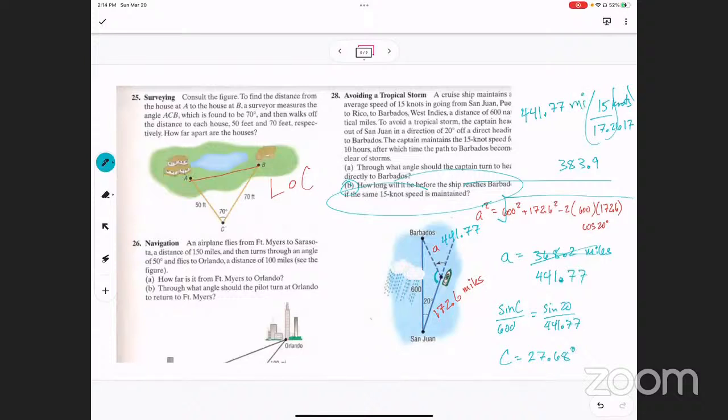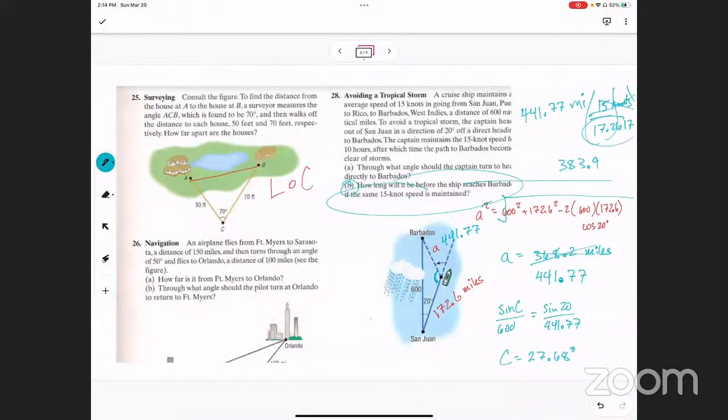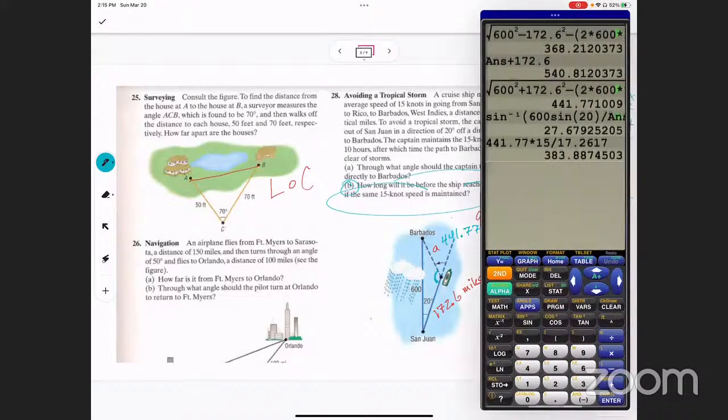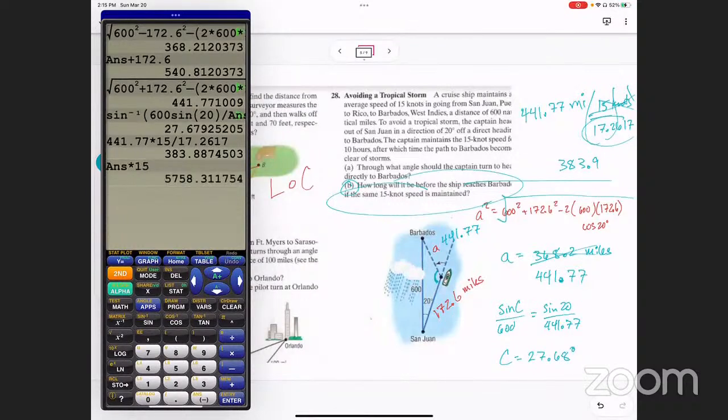So if it's going 15 knots, that means it's going that much miles per hour. So 441.77 divided by 17, that's what we're going to do. So multiply that answer by 15. I shouldn't have divided by 15.